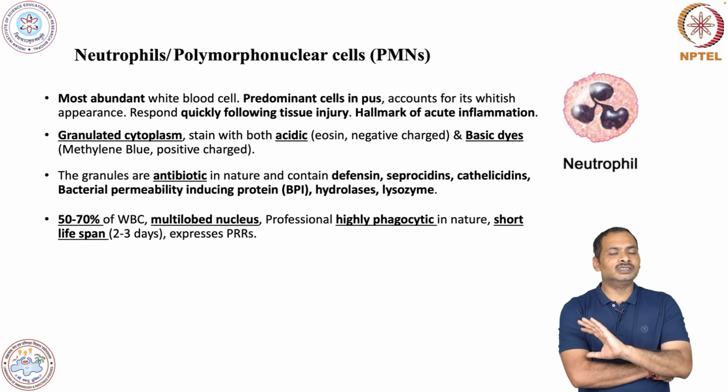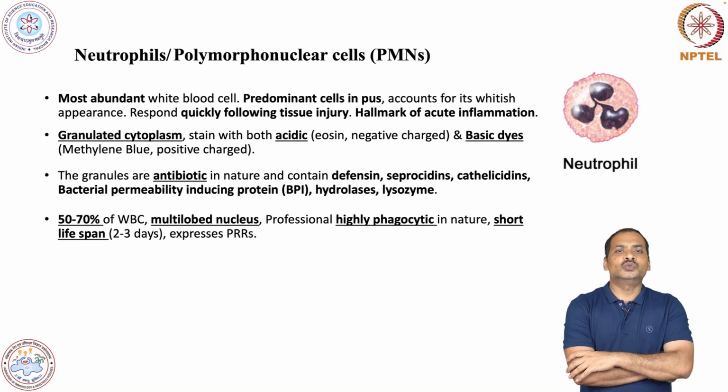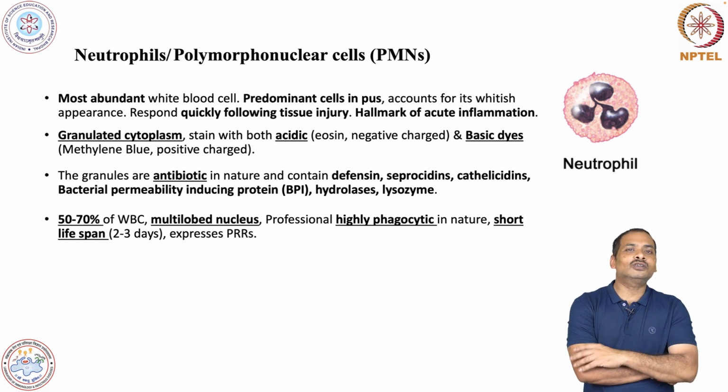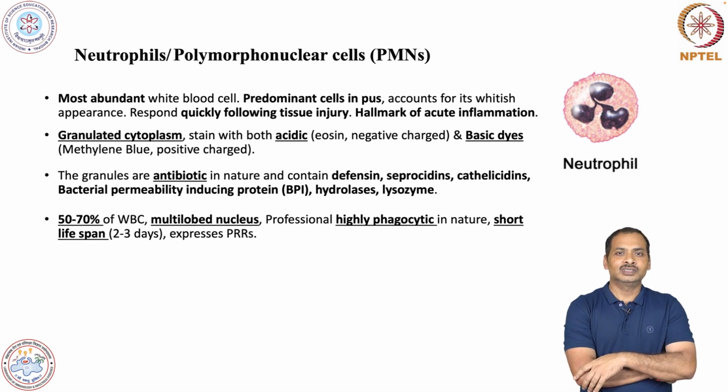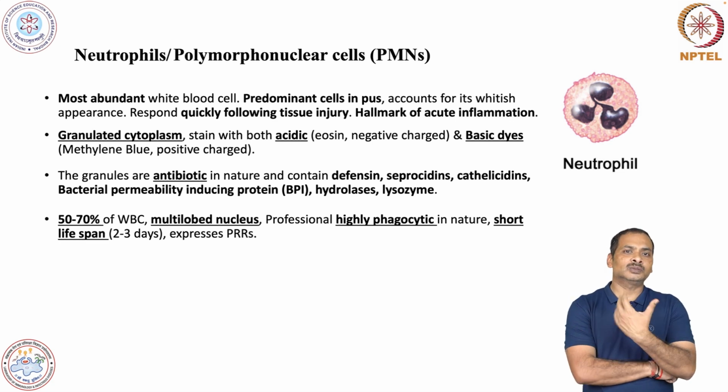If it is surviving, they cannot escape, okay, and that is why their lifespan is very short. And this property is unlike macrophages. Macrophages are not so aggressive. We will discuss the difference between neutrophils and macrophages in a subsequent session.